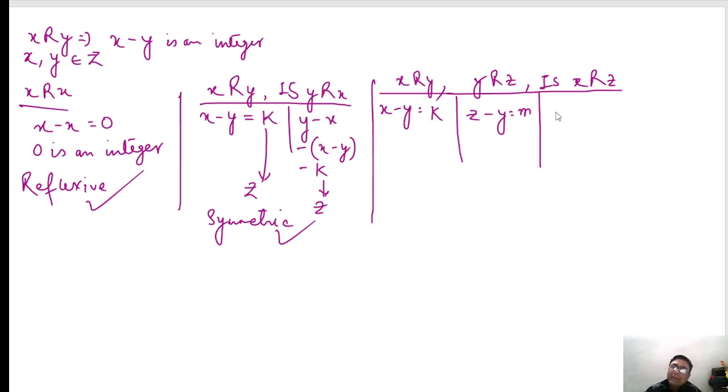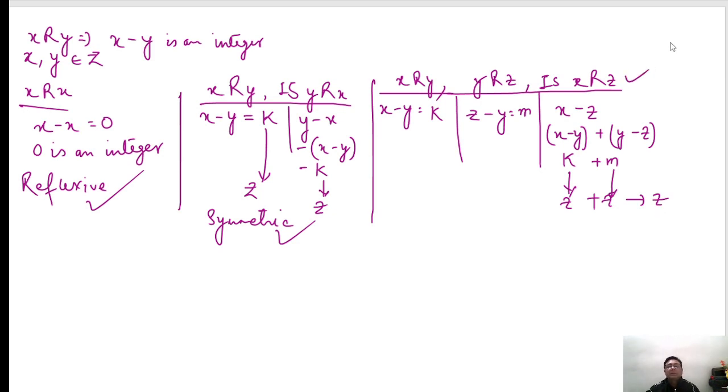They are telling is x minus z, will it be an integer? So I can write this as x minus y plus y minus z. So this is k plus m. So this is an integer. Integer plus integer is an integer. That means this is also an integer. That means transitive is valid.